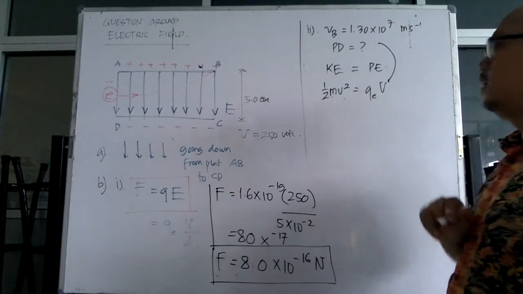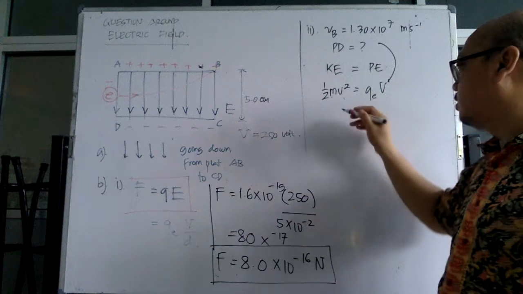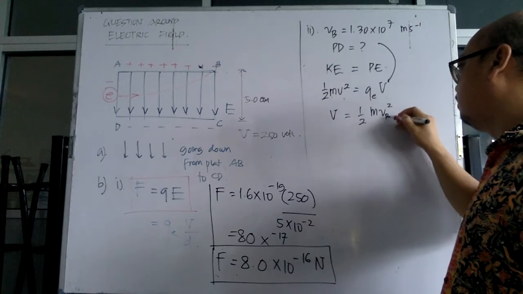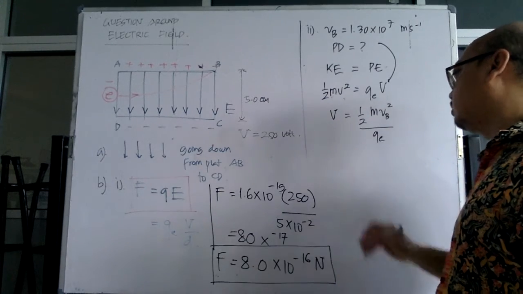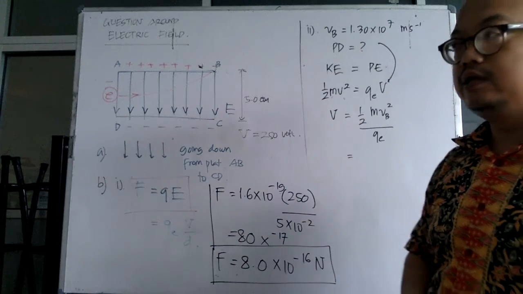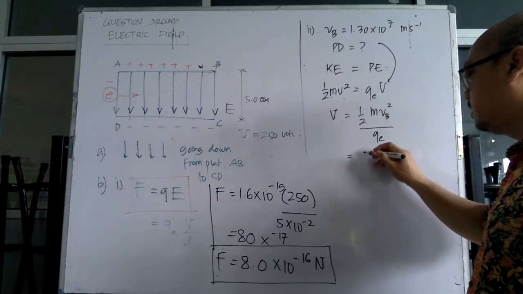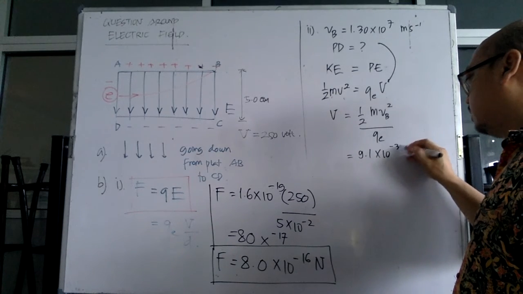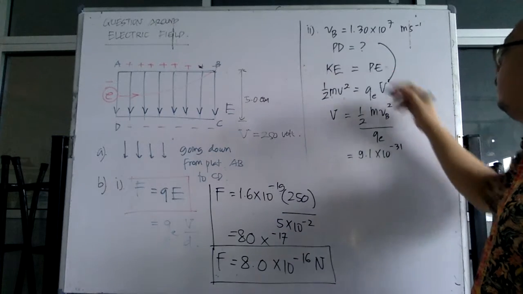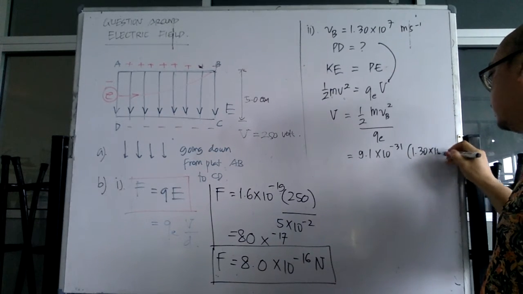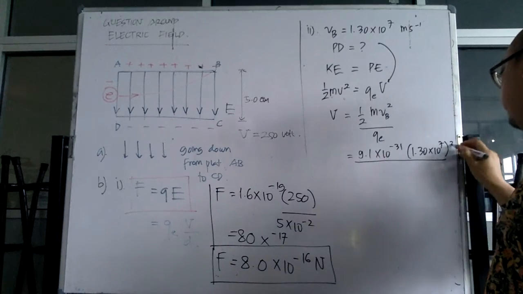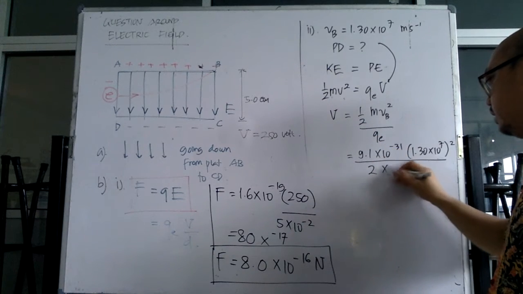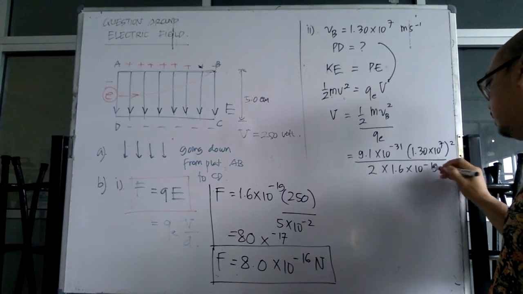So V equals half m v squared divided by q. Calculating with these numbers, the mass is 9.11 times 10 to the minus 31, v is 1.30 times 10 to the 7 squared, divided by 2, and the electron charge is 1.6 times 10 to the minus 19.